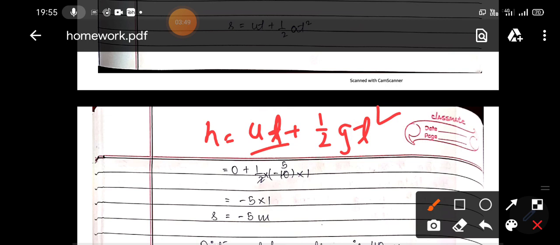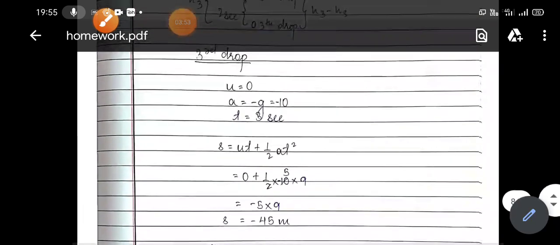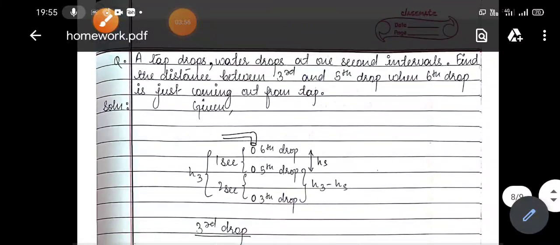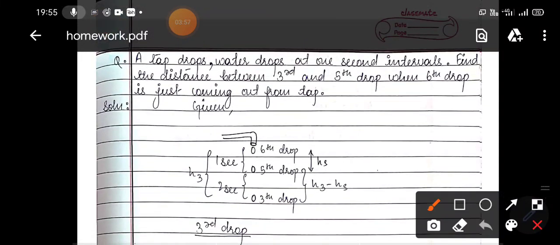So 2 5s are 5, so h is equal to 5 meter. So the distance between the tap and the fifth drop is 5 meter.